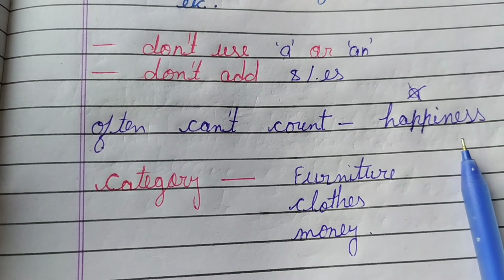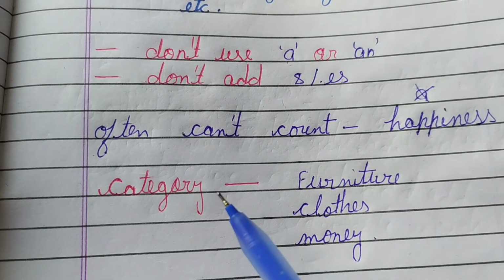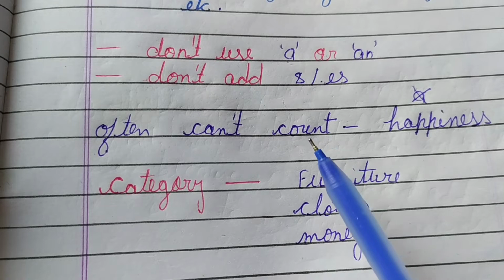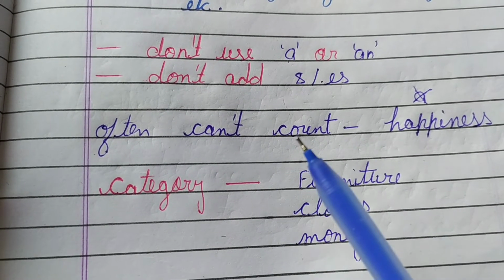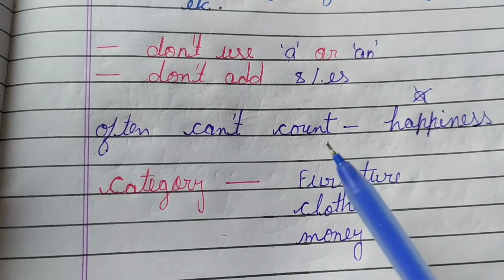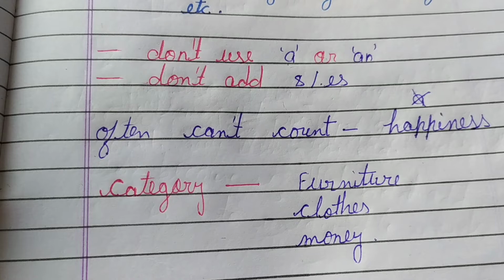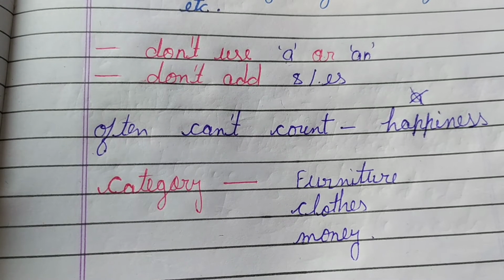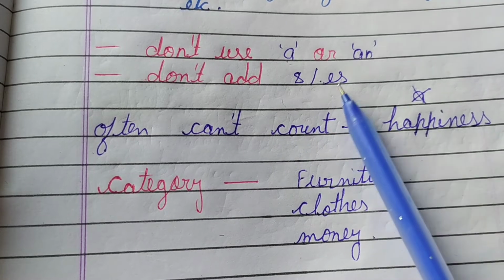It's the same with words like sadness, or stress. These are things that are abstract, but they are things you can't really count. Because of that, we do not add s or es to uncountable words.